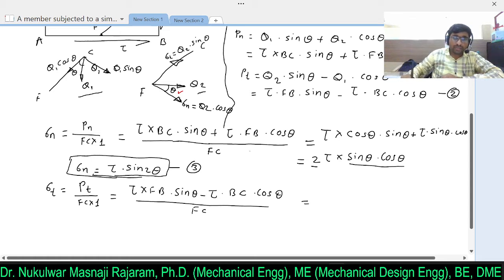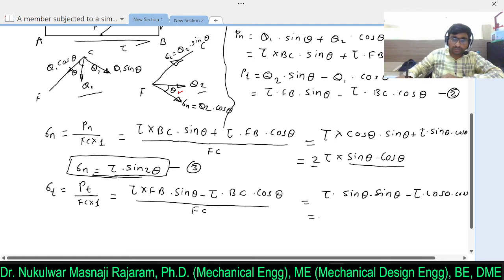Similarly, FB divided by FC, what we have written? Sine theta. So I will write tau into sine theta minus tau into BC divided by FC. BC divided by FC, what we have written? Cos theta. So here I will write cos theta into cos theta.